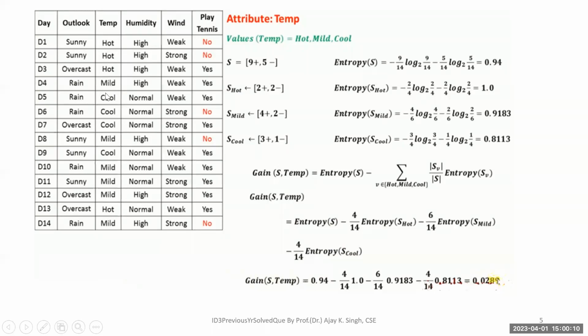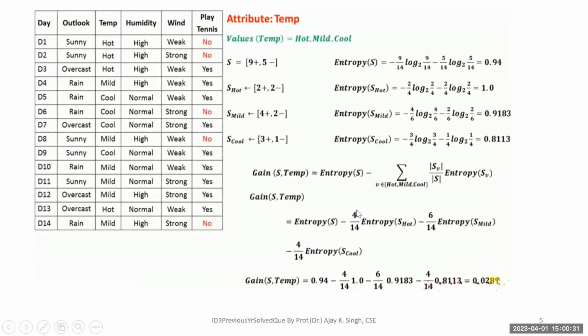Again, three different parameters are there, and for these three we are going to calculate entropy. The information gain is the total entropy, 0.94, minus the summation for hot, mild, and cool, taken one by one.